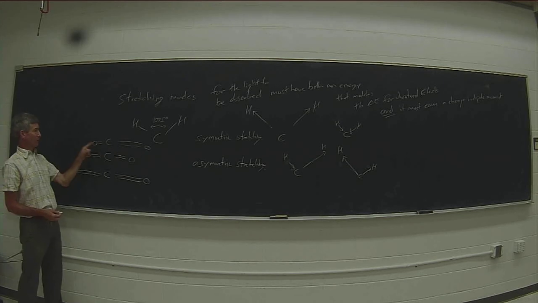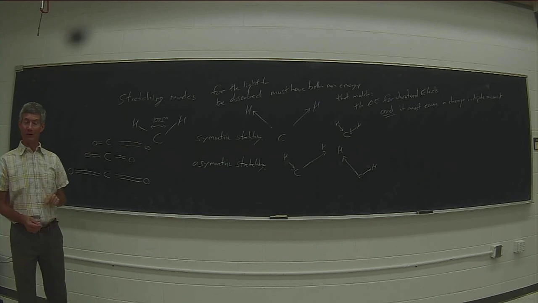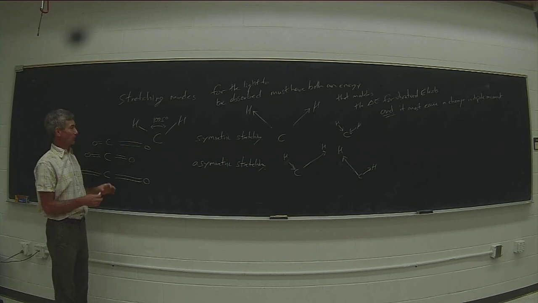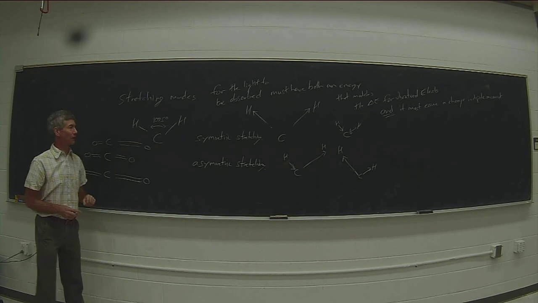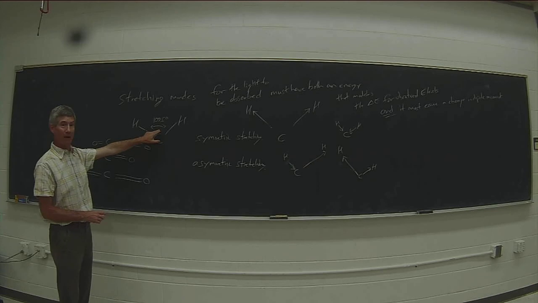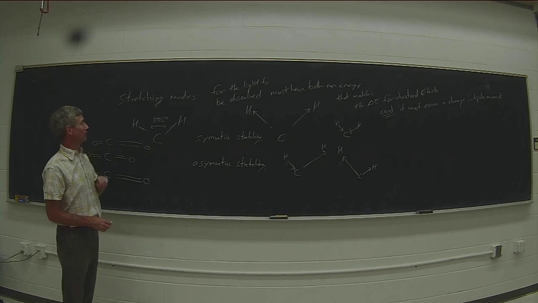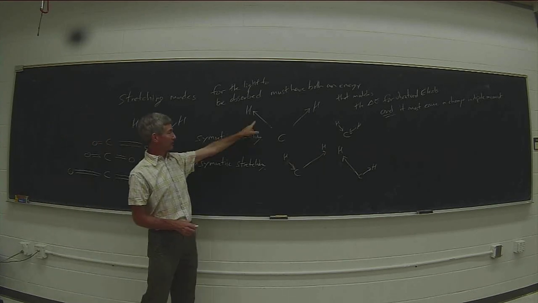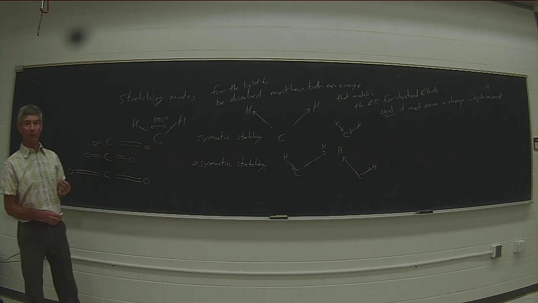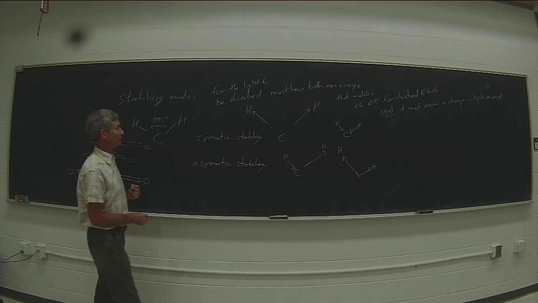So not every IR vibration is actually visible in the IR spectrum. Really symmetrical systems, when they stretch and expand and contract, won't necessarily be visible. But since this is a bent system with a 109.5 degree bond angle, both the symmetric and the asymmetric stretching modes do cause a dipole moment change, and we should see those differences.